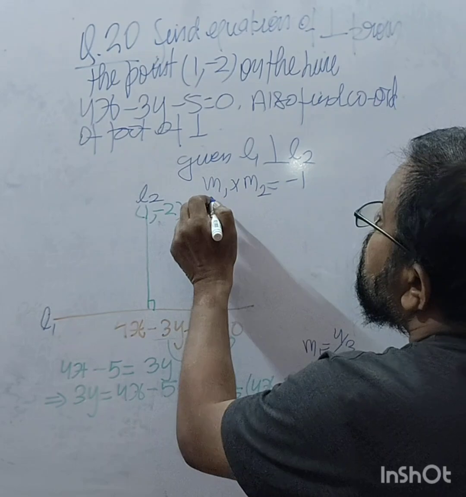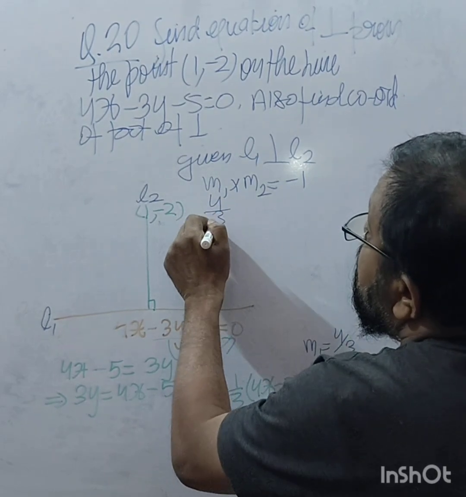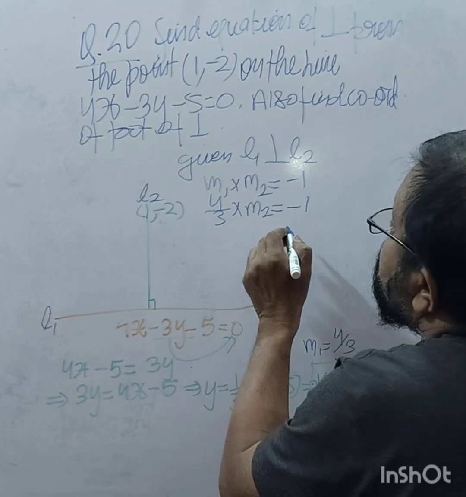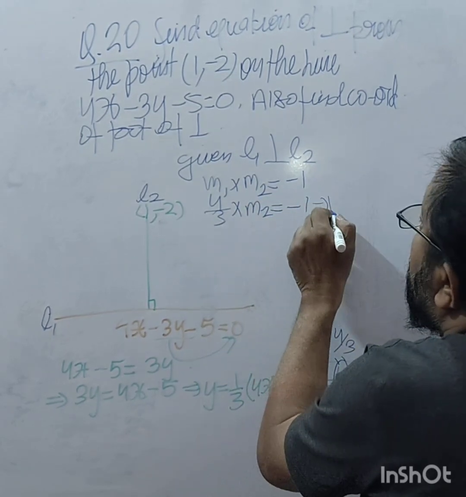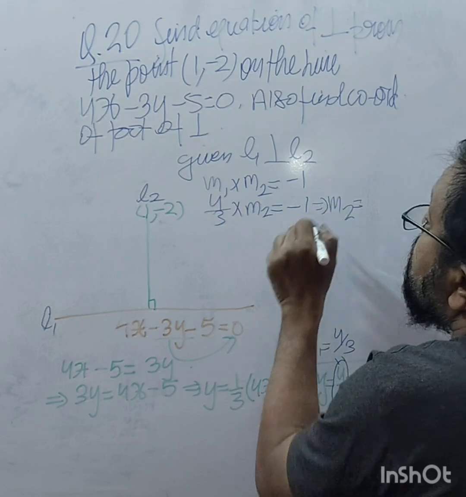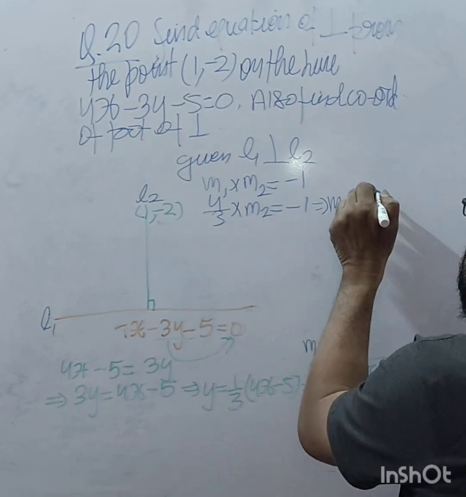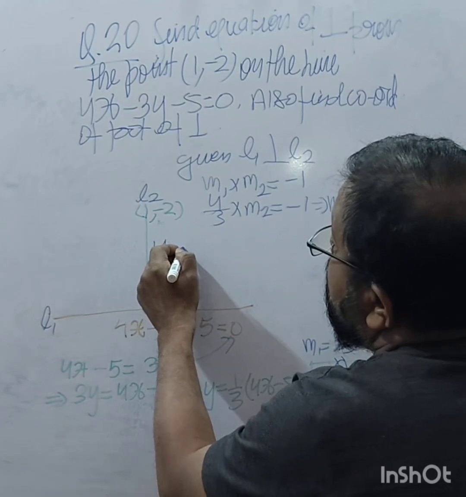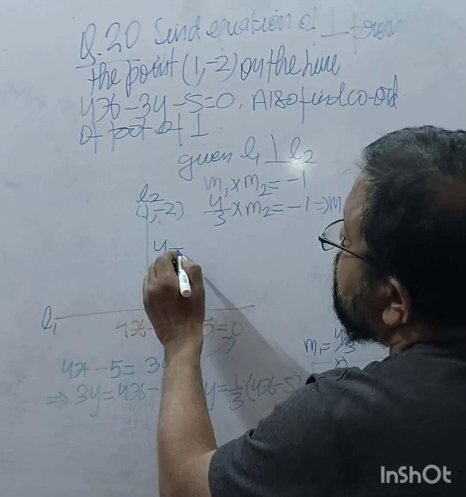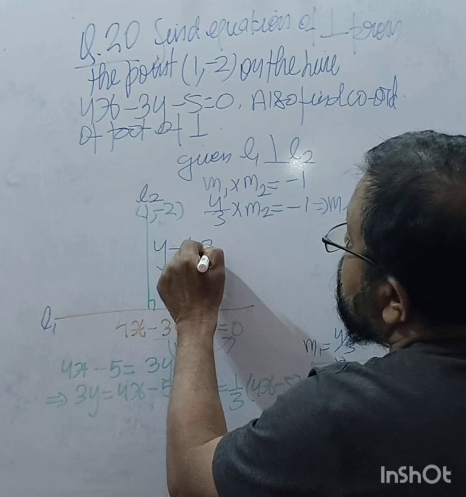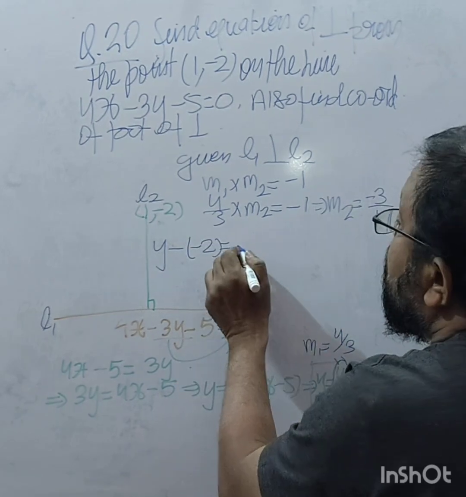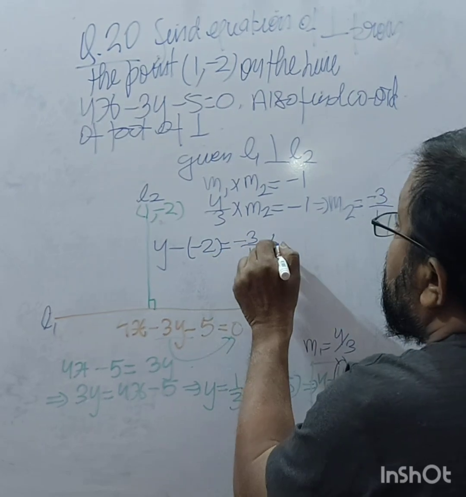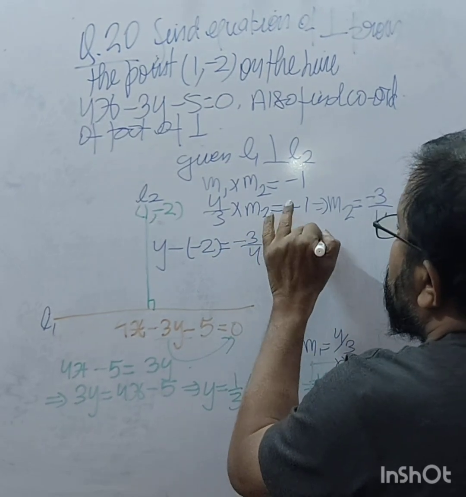So 4/3 into m2 is equal to -1. So we can write m2 is equal to -3/4. So y minus (-2) is equal to m2, minus 3/4 bracket x minus 1.